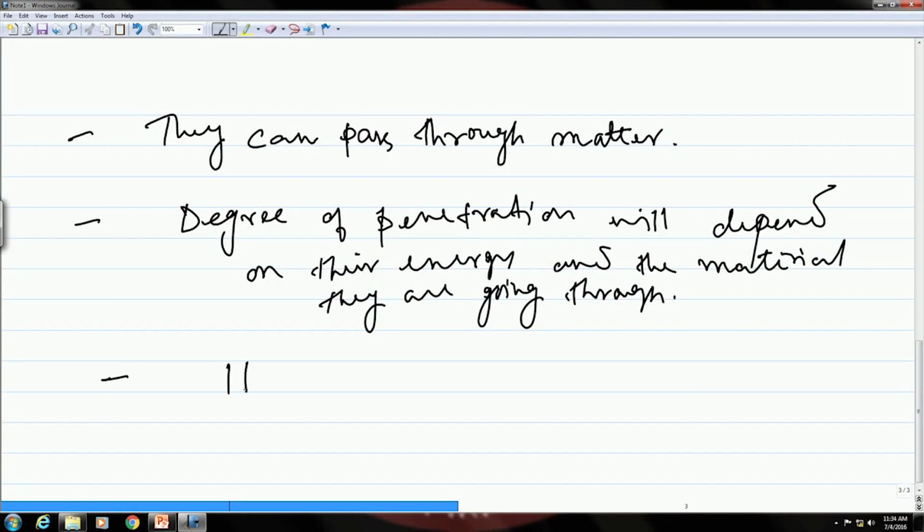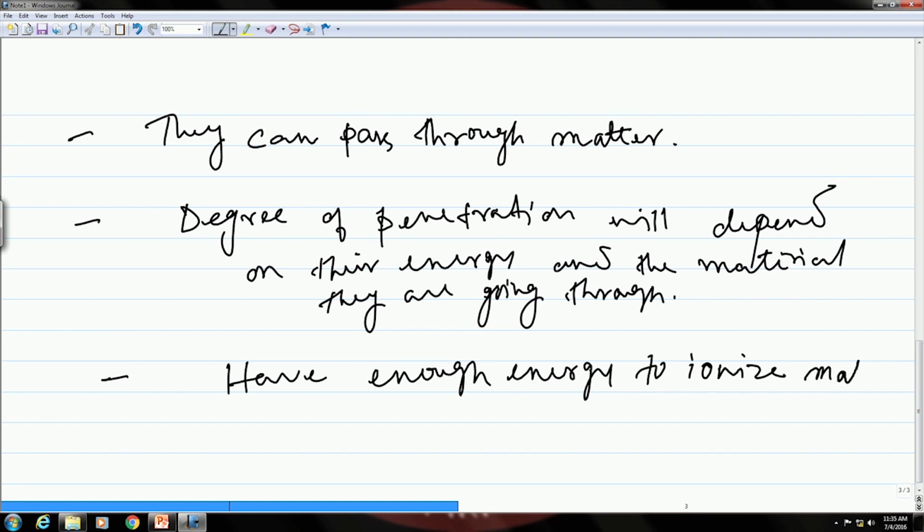X-rays have enough energy to ionize matter, and can damage or destroy living cells.